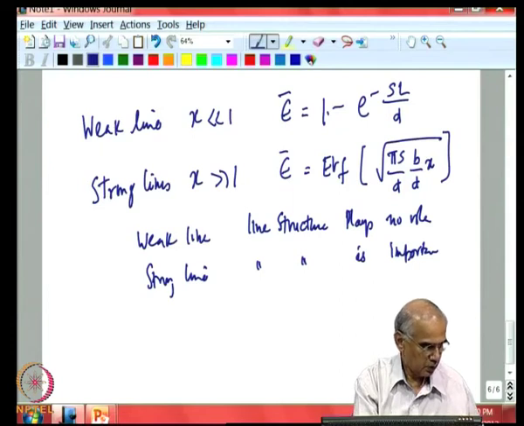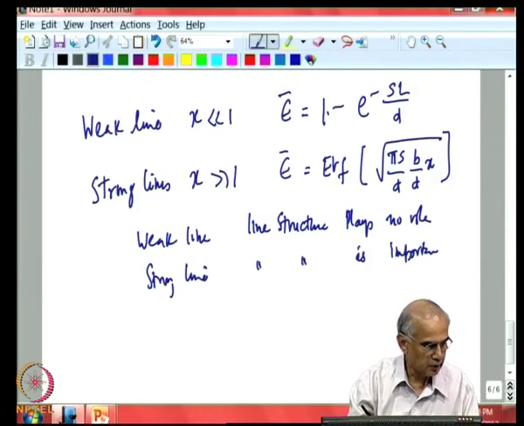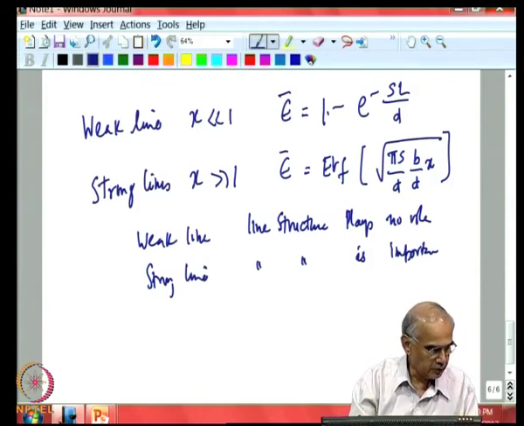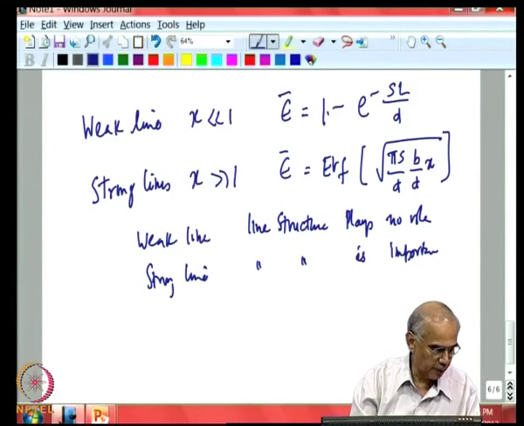Now, if you look at a more general analysis, this is the simpler analysis in which you use the very simple Elsasser band model.